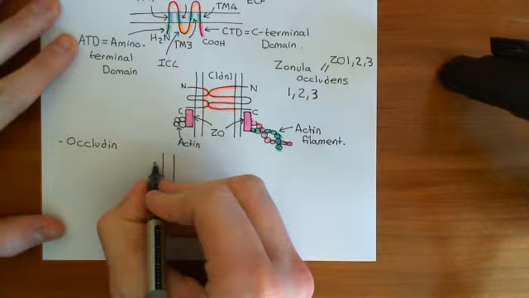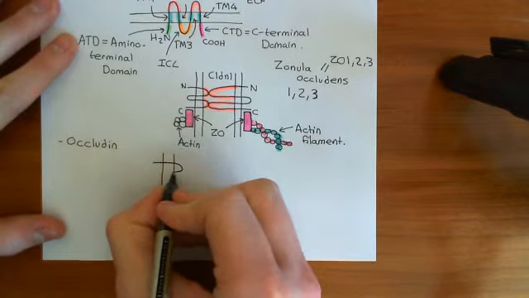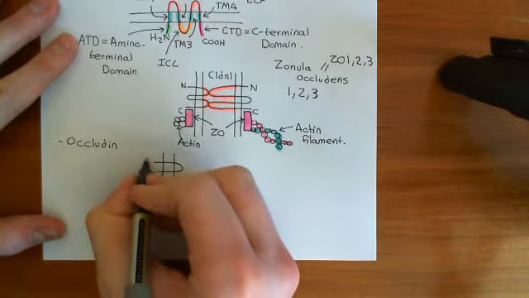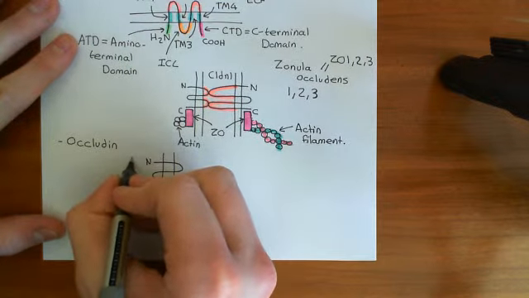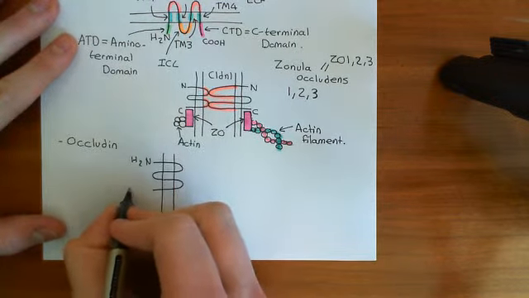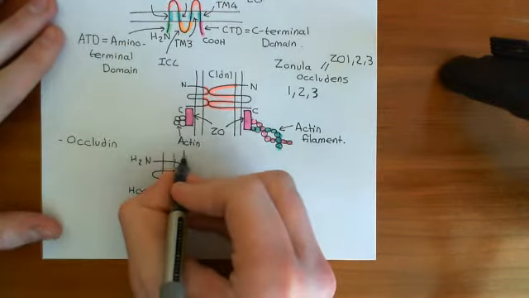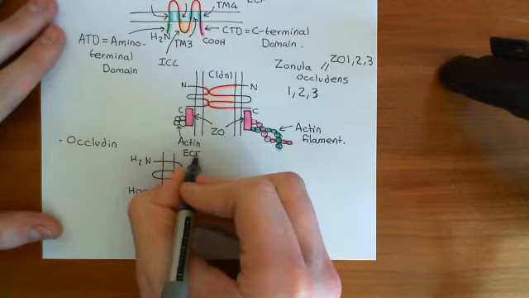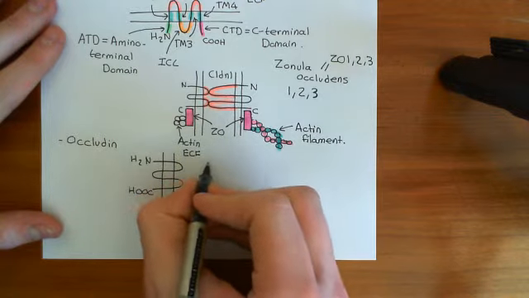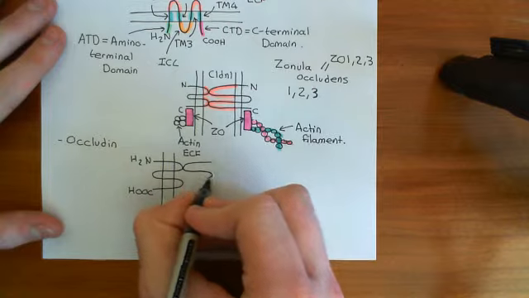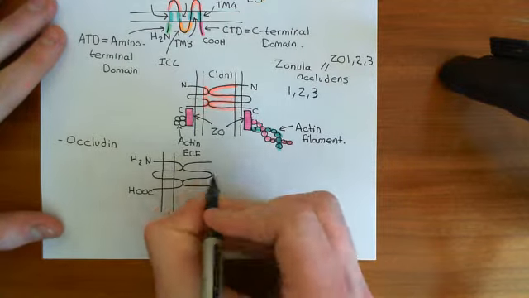Occludin has a similar membrane-spanning topology to claudins: here is its amino terminus, here is its carboxylic acid terminus, and they're both on the cytoplasmic side. It's the extracellular loops that interact with one another and hold the 2 occludin proteins together.